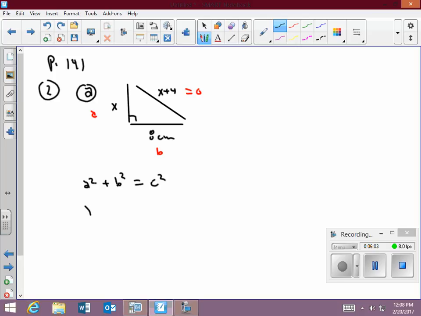And then we'd have x squared plus 8 squared equals the quantity x plus 4 squared. And then we could solve for x. On the right hand side, this is going to be x squared, 2 times the product of the first times the second is 8x, plus 16.